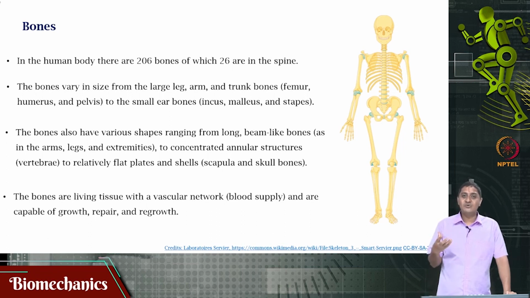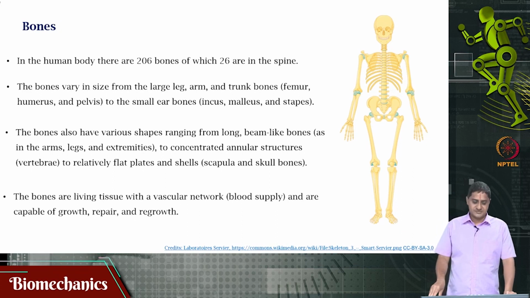There will be no structure. So, the underlying rigid body within any part of the body is the bone. That which gives structure to the human body is the skeletal system, or the bones.